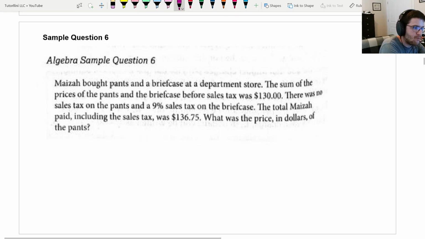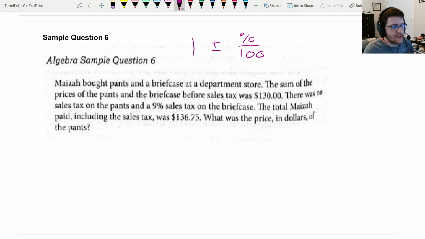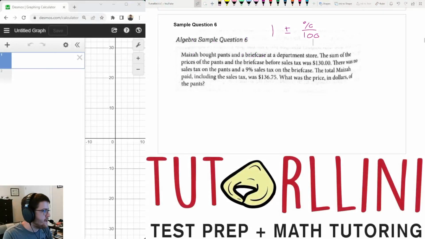So we're going to do 1 plus or minus r, or how I like to write it, 1 plus or minus percent over 100. And sales tax is an increase on your bill, so we need to do an increase for that multiplier.